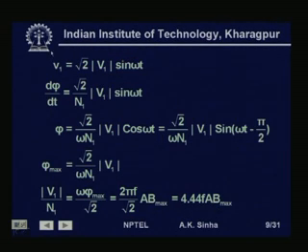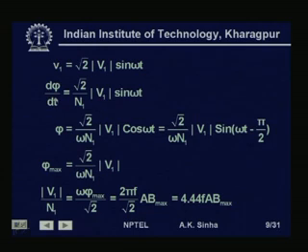Now, the instantaneous voltage v1, if we are using a sinusoidal voltage source, can be written as root 2 times V1, where V1 is the magnitude of the phasor, and sin omega t.